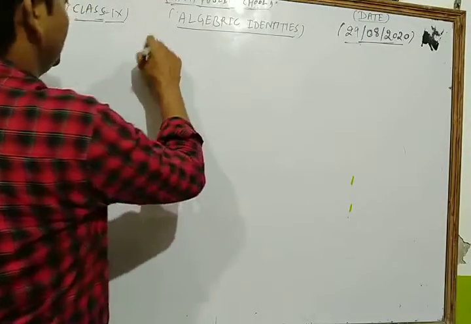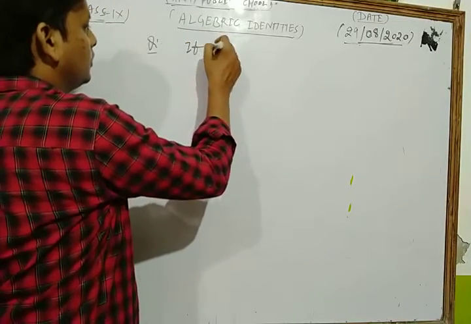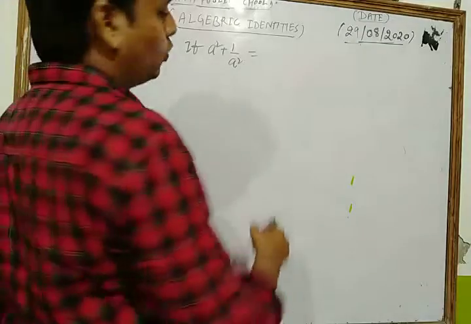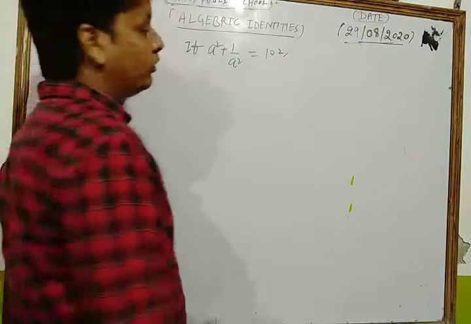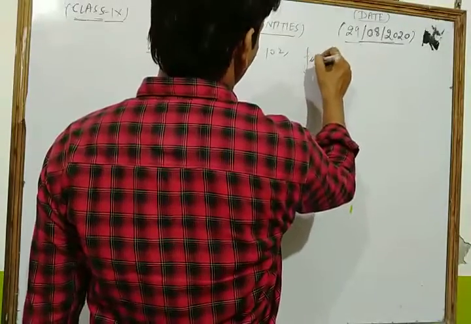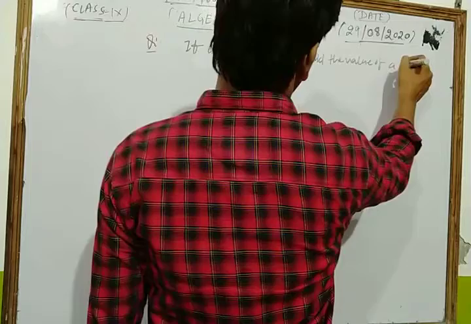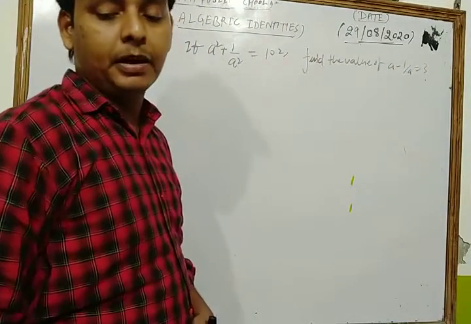The next question is: if a square plus 1 upon a square is equal to 102, find the value of a minus 1 upon a.